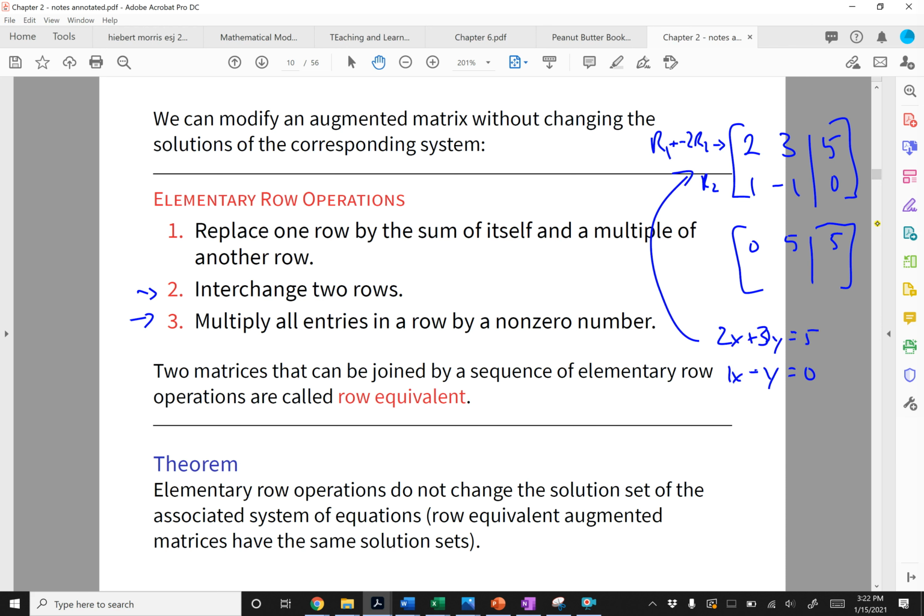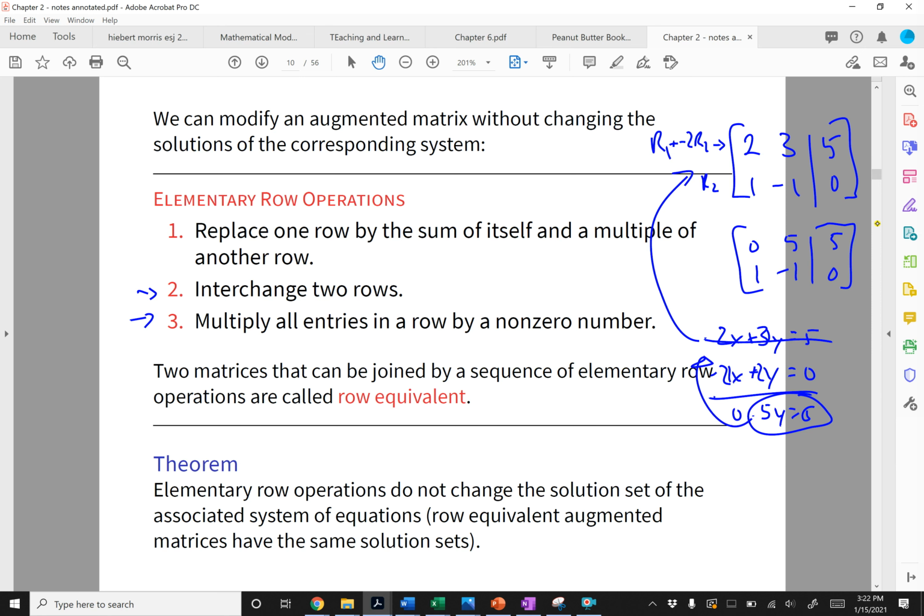We multiplied this by a minus 2. That becomes a positive 2. Added together, I get 0. I get 5y equals 5. And so now I have a new equation, and I'm going to get rid of the first and keep the second. So I'm going to replace that. So we could do that if we just did equations. We can do that just with matrices.